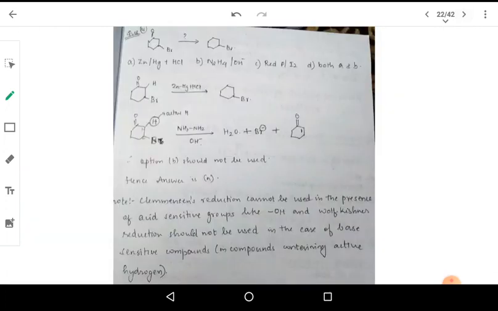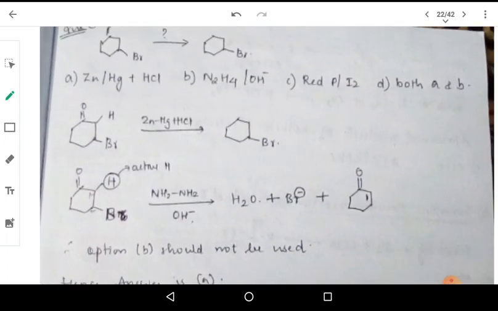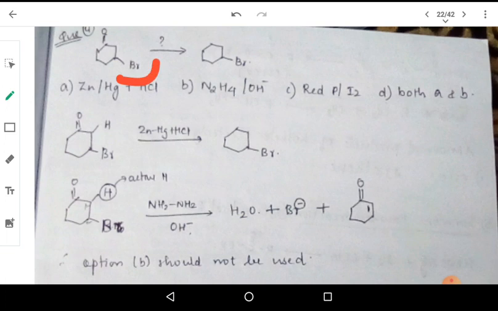Here we can see that we have bromine. Here you can see bromine over here, and bromine is not a base sensitive group, but we have an adjacent hydrogen, right? This adjacent hydrogen is an alpha hydrogen, and alpha hydrogen is always an acidic hydrogen.